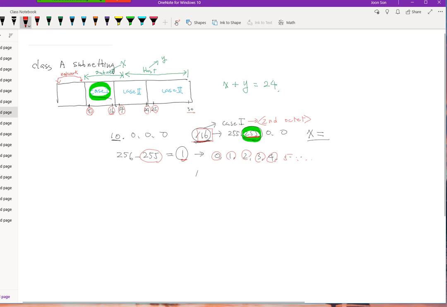Having said that, what is my X? Any volunteer? It's 8. Thank you.